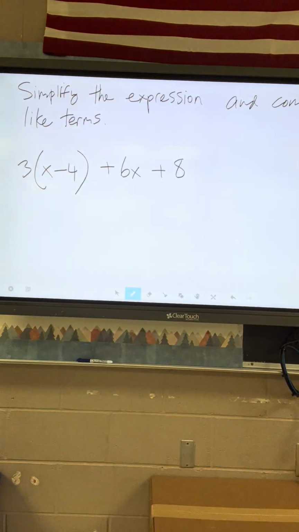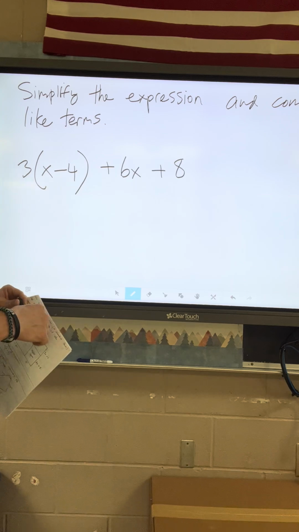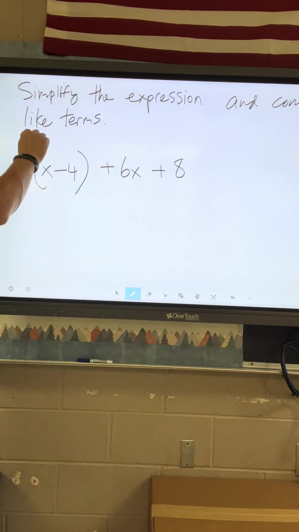All right, here we go. Last one. Simplify the expression and combine like terms, right? See if you can do this on your own. All right. Hopefully you worked this out on your own. All right, so we're just going to distribute.